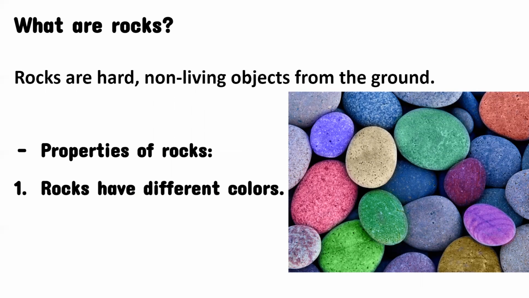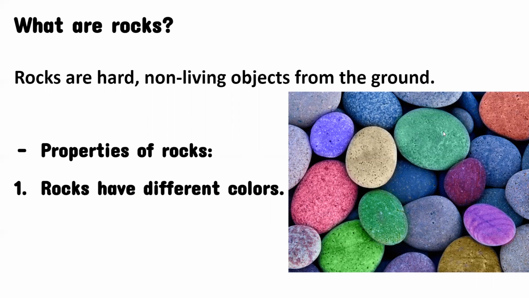So we have something called properties of rocks. It's something that we can say or describe about rocks. When we want to describe rocks, we can say it's a property of rock, like its color is a property. الخصائص. Okay, so when I say the word property, I mean what? Okay, يعني yes, خصائص. Okay, so rocks have different colors, as you can see here.